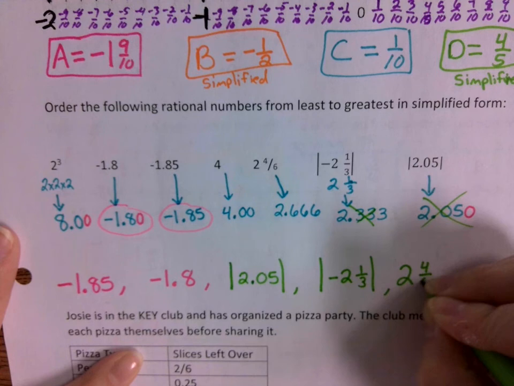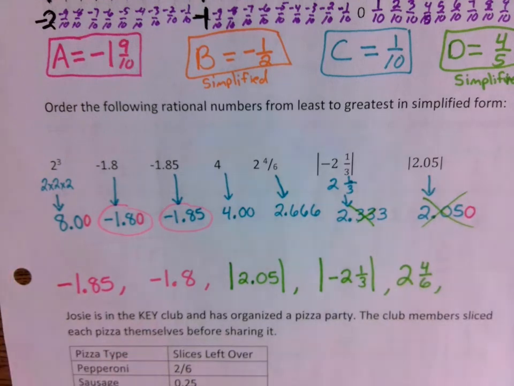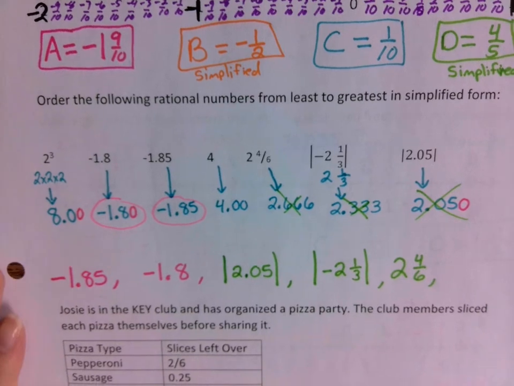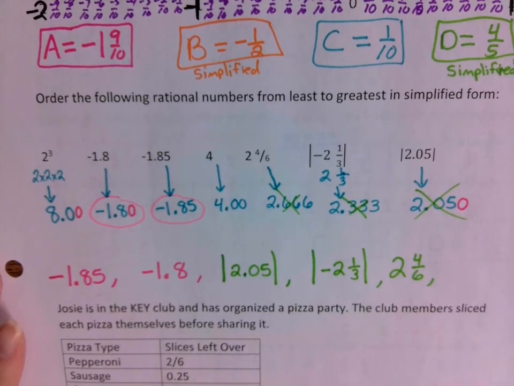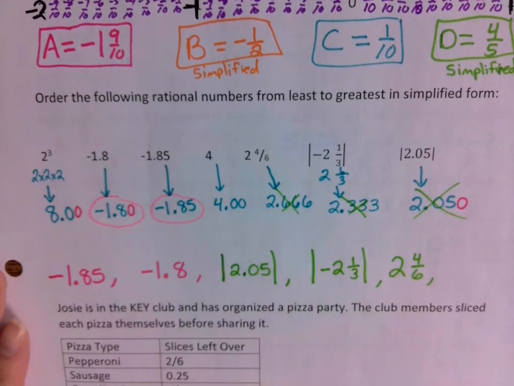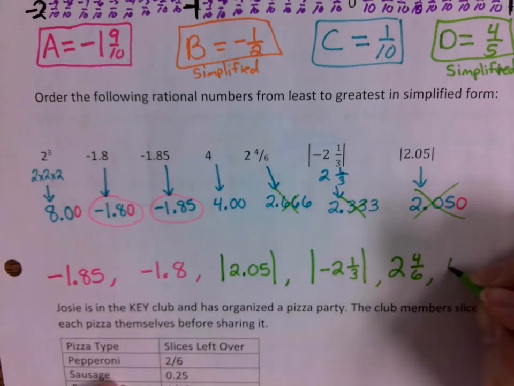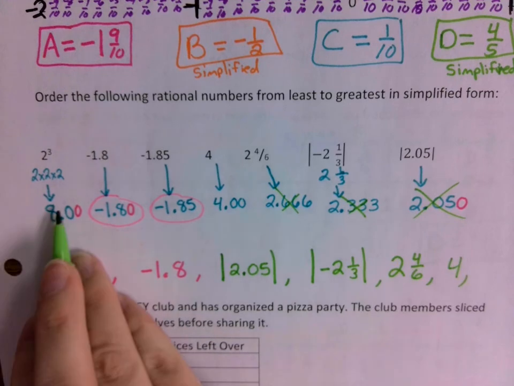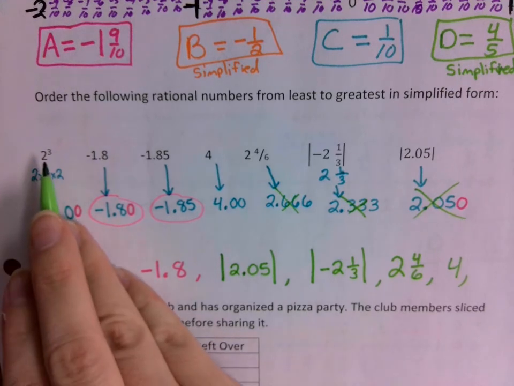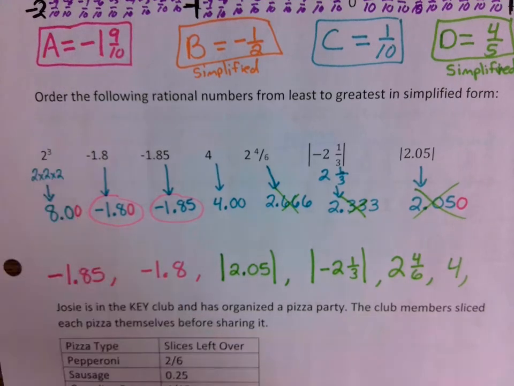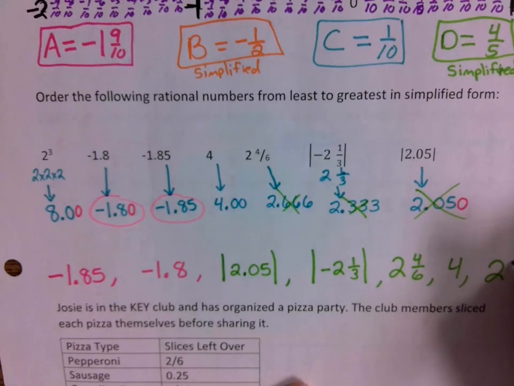All right, from there, we only have 2 numbers left. Which one's the smallest of them? Daniel? The 4.00, right? Or just 4, the original value of 4. And that leaves 8 as our largest, which in original form was 2 to the 3rd power. Good. Always put them back in their original format.